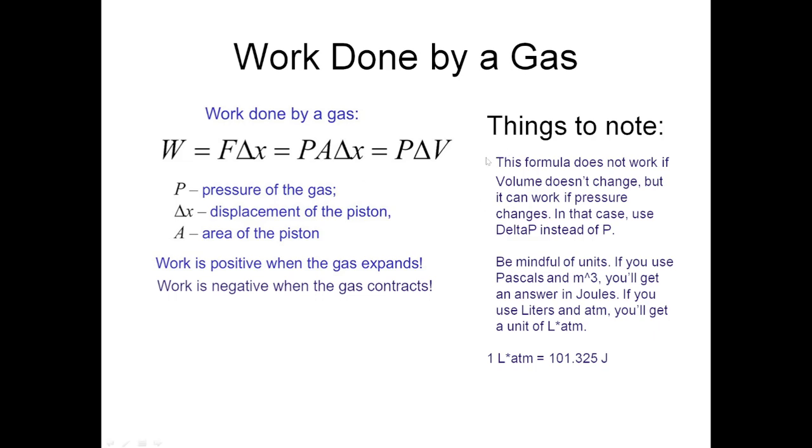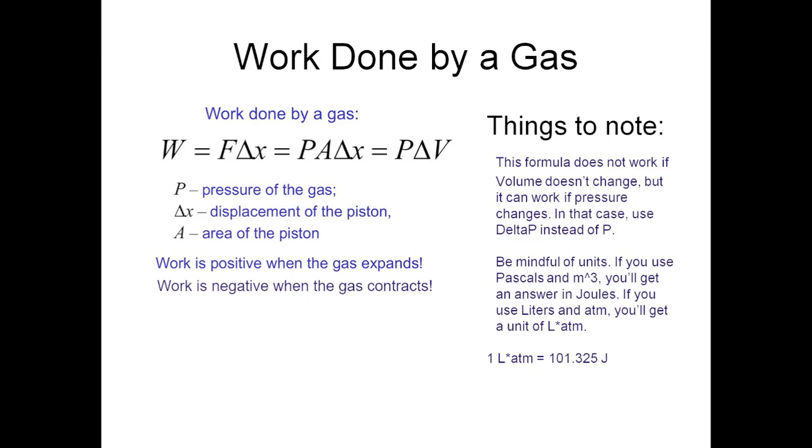Some small things to note about this particular formula. It's designed to work when volume is changing. If the volume of a system does not change, then technically it's not doing any work, because technically it's not extending to occupy more volume. So there are hypothetical situations where, say, you have a pneumatic cylinder as a part of your system, you heat it up, but it doesn't expand.